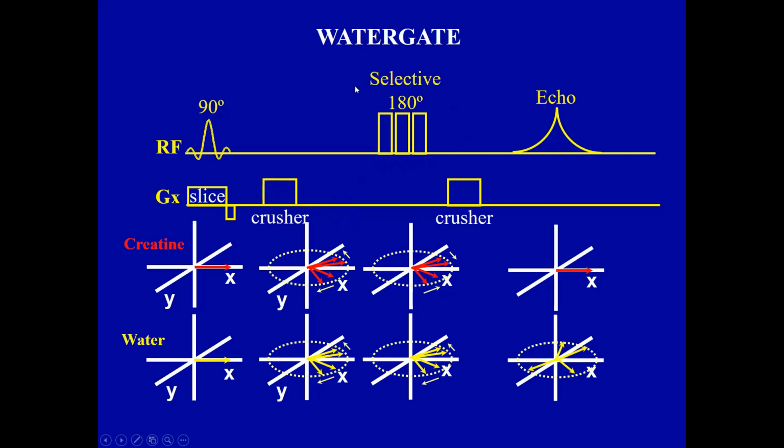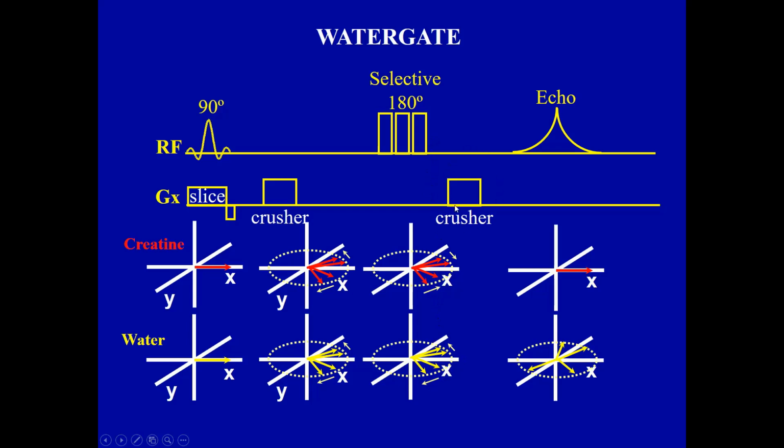We have a 180-degree pulse, and note that it doesn't look like the other 180-degree pulses that have been drawn in the schematics. This could be a shaped pulse, it could be a combination of hard pulses like binomial pulses, but it's designed so that it will apply a 180-degree pulse only to creatine. So the creatine is flipped 180 degrees. The water is not.